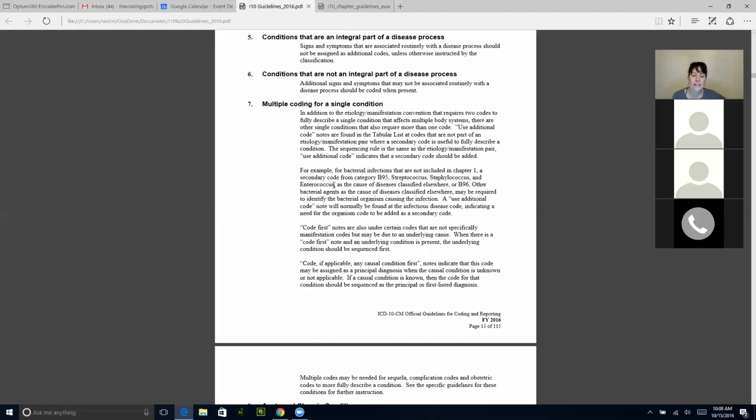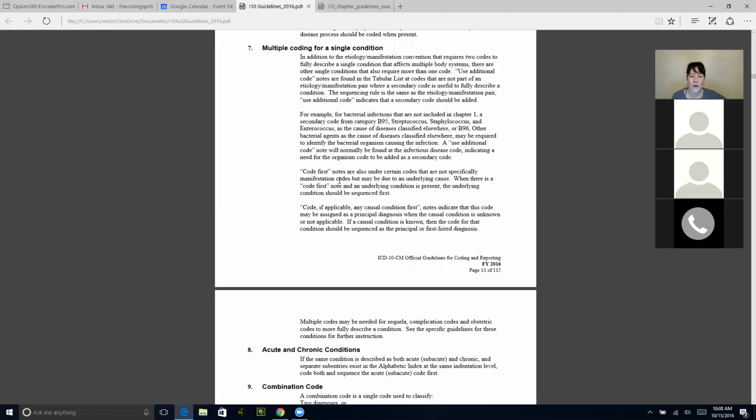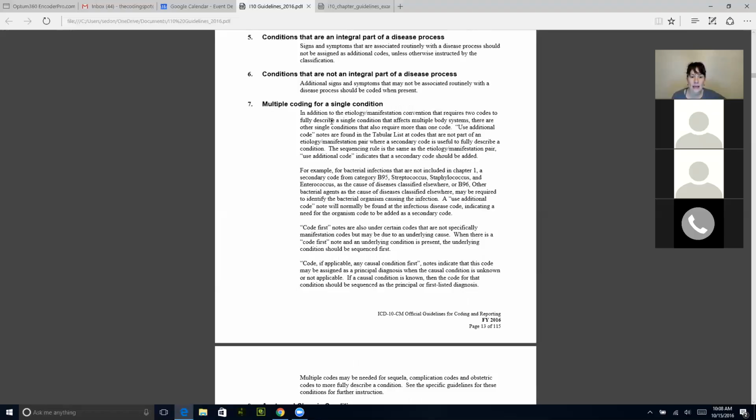Multiple coding for a single condition. So in addition to etiology and manifestation convention, which I will cover in greater detail too, but we went over a little bit in our last presentation.